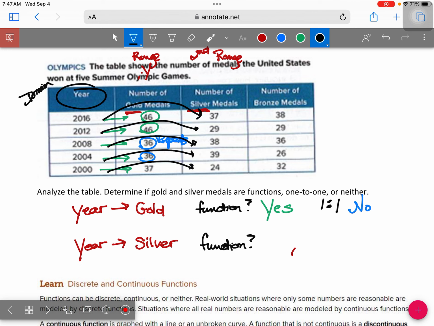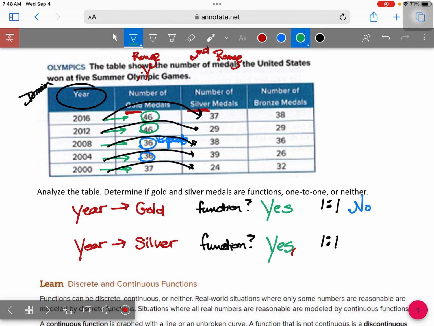Is it a function? Oh, Kathy, what do you think? Is it a function to go from the year to the silver medals? Does each one go to another something? Yeah. So this is another yes.